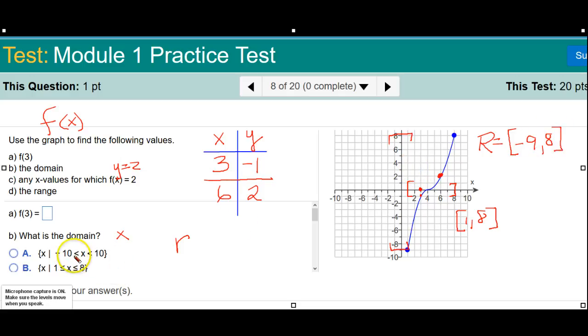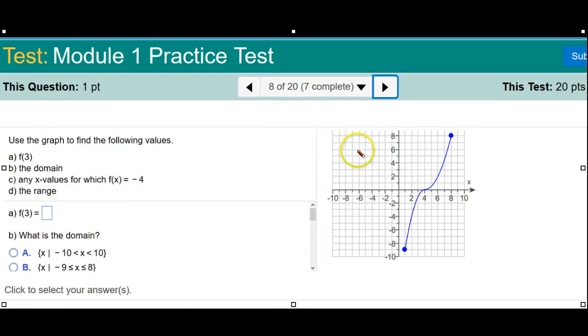And again, they will probably ask you for that in set builder notation, where in a sense you just put like the x in the middle, or in this case it's the y, and here it's the x, and then use the appropriate signs as you can see from this. Okay, next one.